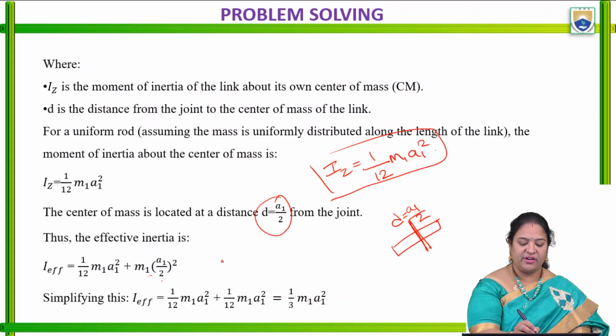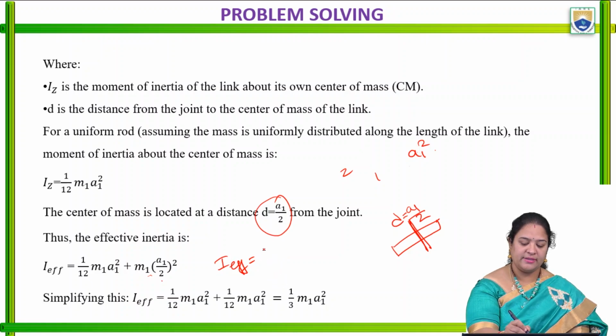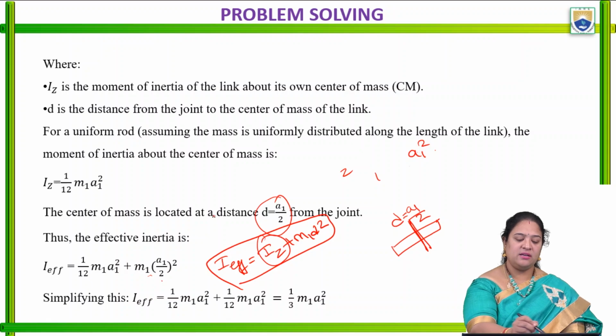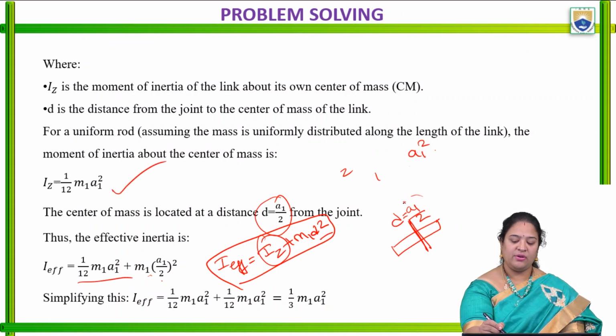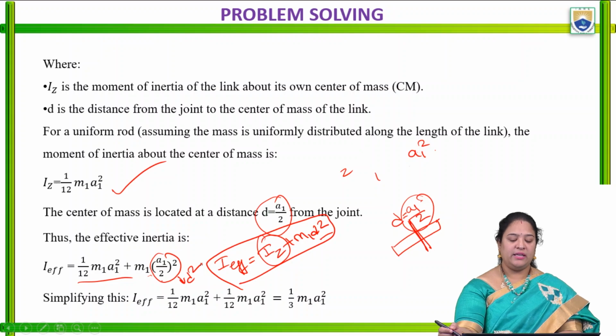I effective is equal to Iz plus m1 d square. Iz we insert here, and d is a1 by 2, so d square is a1 square by 4, multiplied by m1.